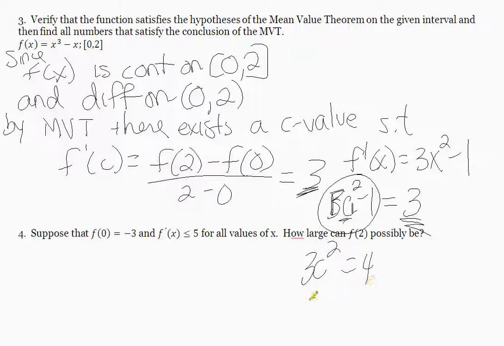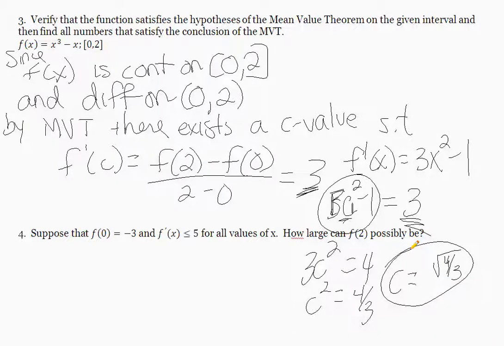Equals 4. c squared equals 4/3. So c equals plus or minus, but I'm just going to take the positive, guys, root 4/3, because I'm in the interval 0 to 2. So here's the value that satisfies the mean value theorem: the derivative at some x value must equal the slope of the endpoints on that interval.